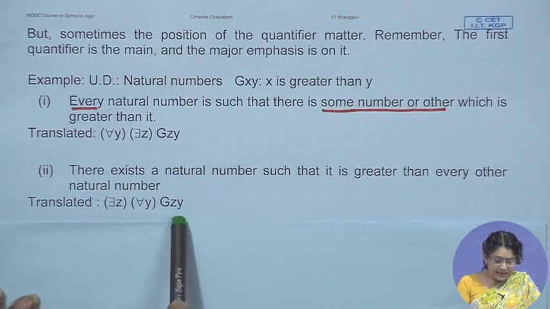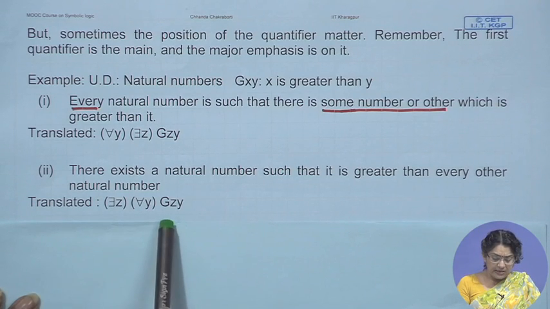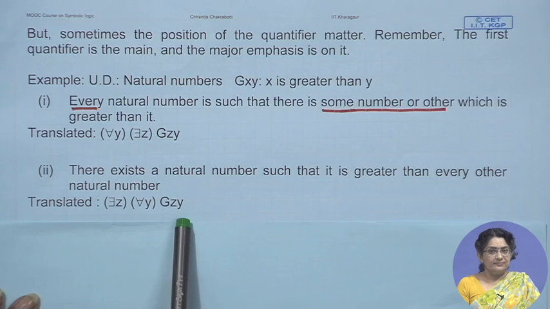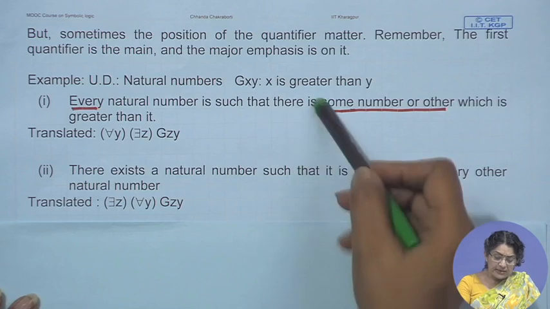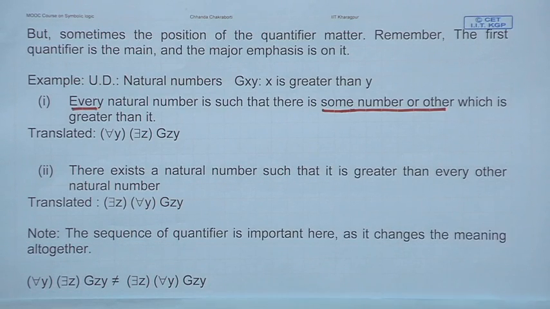This sentence reads as: there is such a number that it is greater than every other natural number. As you can see, the two sentences are different. The sequence changed, and this is not equivalent to saying the first.